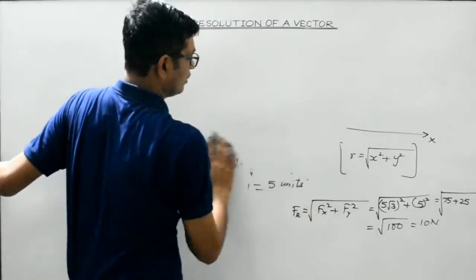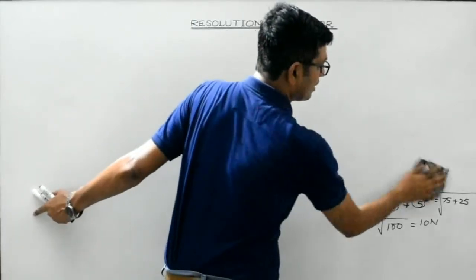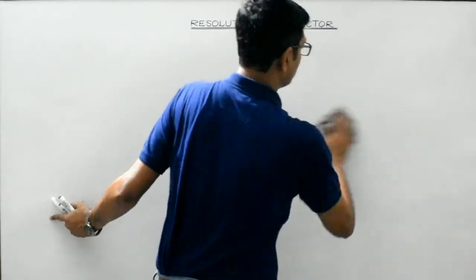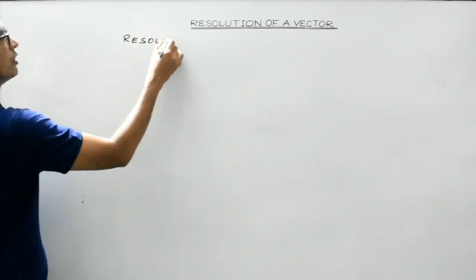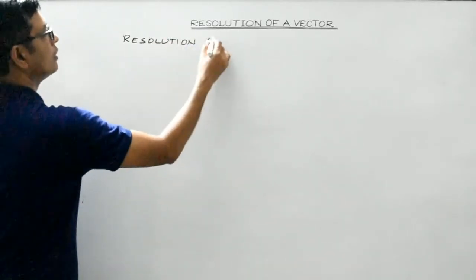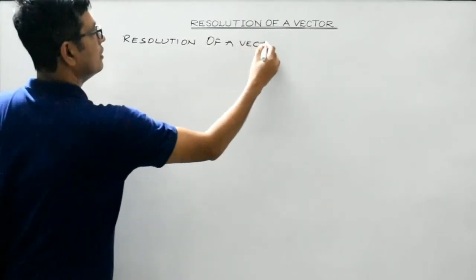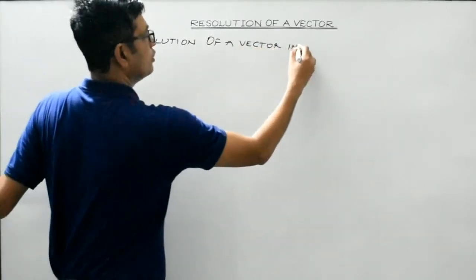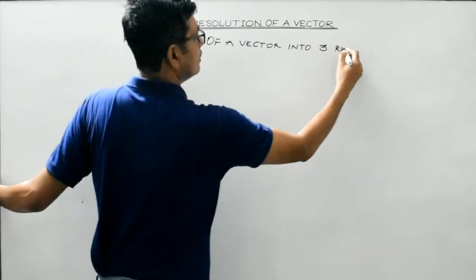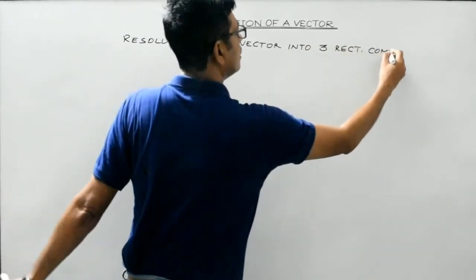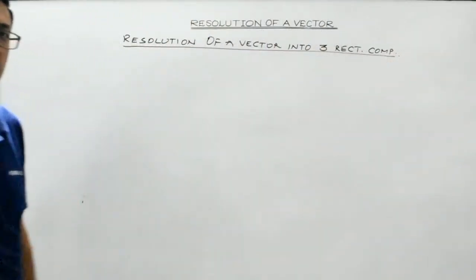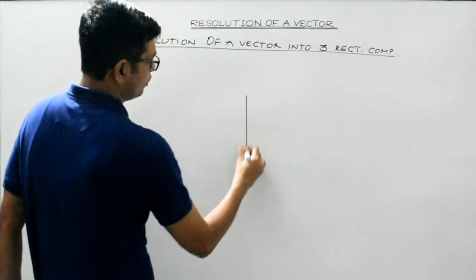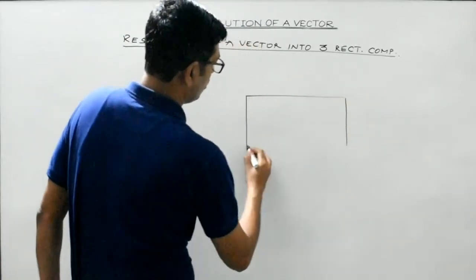Let's consider the resolution of a vector into three rectangular components. So for that, what we do is, suppose we draw a cuboid.